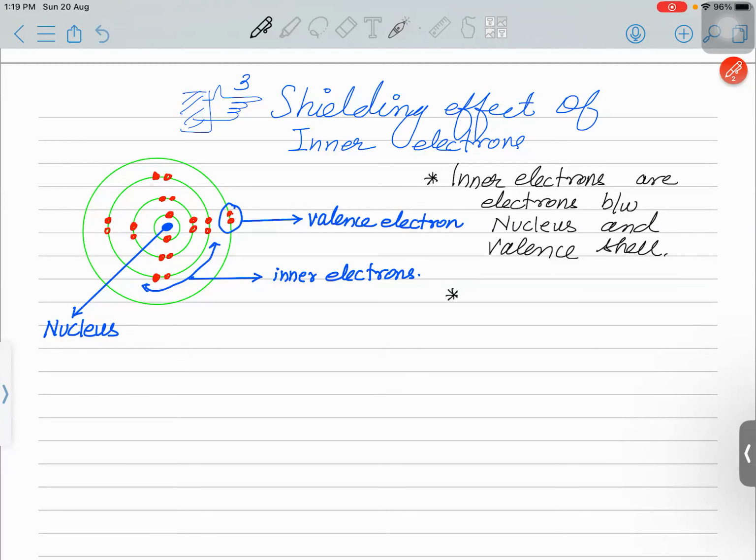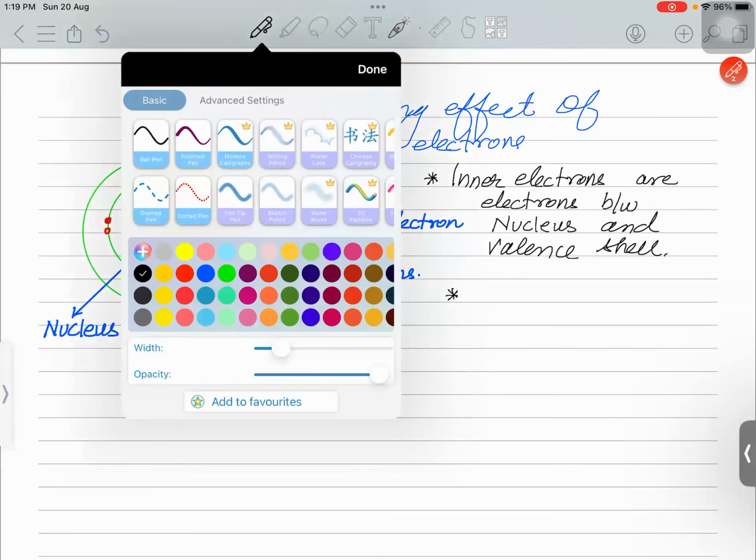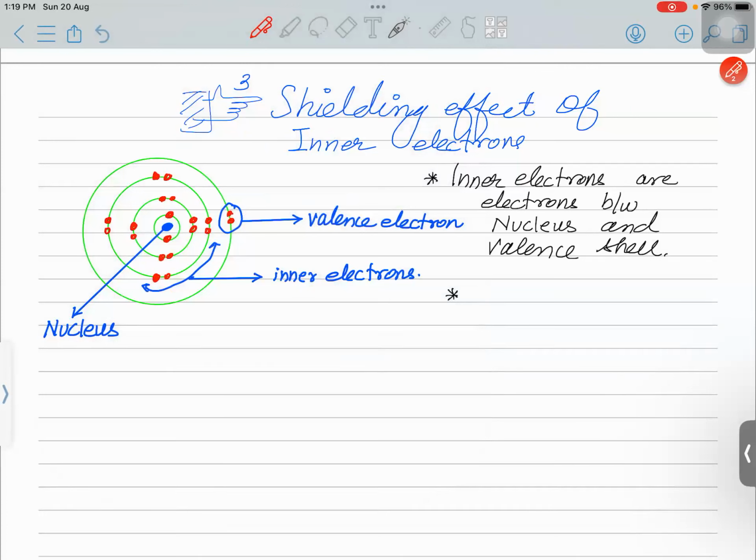Decrease. Yes, exactly. Attraction decreases because the nucleus is shielded, covered by inner electrons. So the attraction between the nucleus and valence electron is decreased because of inner electrons.